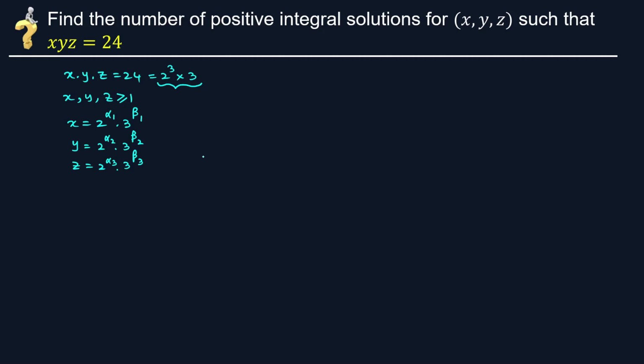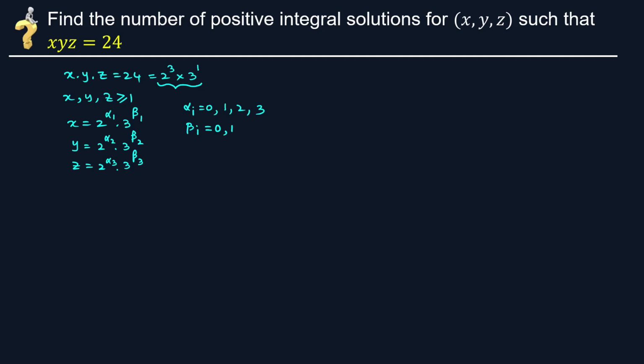So either you will get 2 or you will get 3. Now, what are the possibilities of getting 2? Either you will have no 2, that is alpha i can be equal to 0. Alpha i can be 1, can be 2, can be 3 also. And beta i can be 0, or maximum it can take the value 1 because the power is 1. You cannot get other 3s out of it, isn't it so?